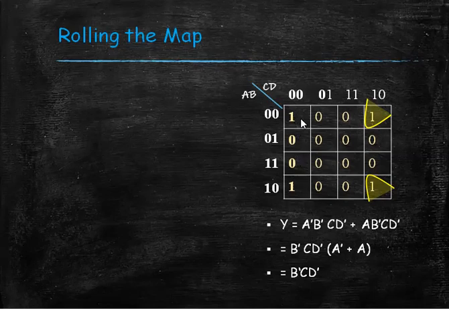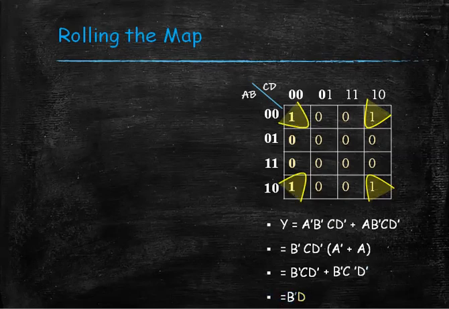From these two, we will get B bar, C bar, D bar. Looking here, combining these ones, we will get B bar, C bar, D bar.